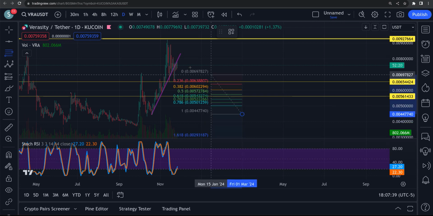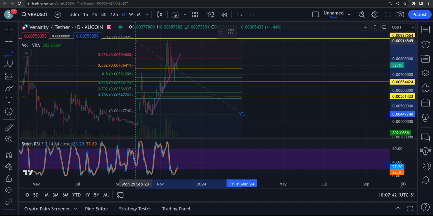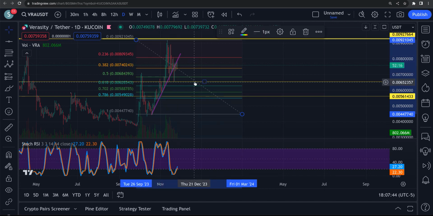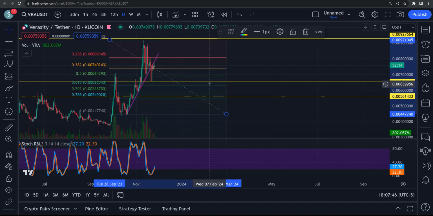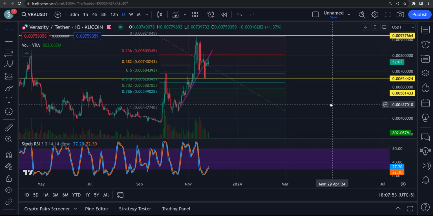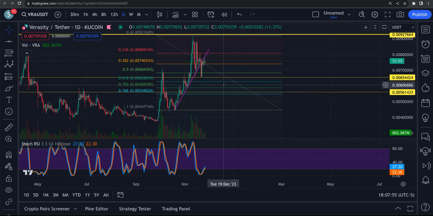Let's get it pretty perfect to the high. So yeah, it comes in a little bit below that support area. So that's 618 or 702. Put your Fibonacci on there.